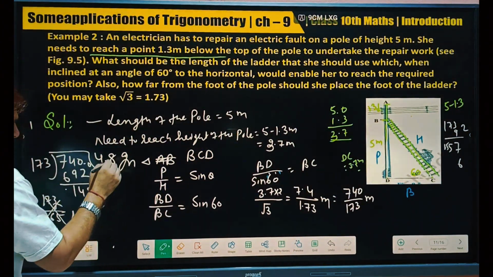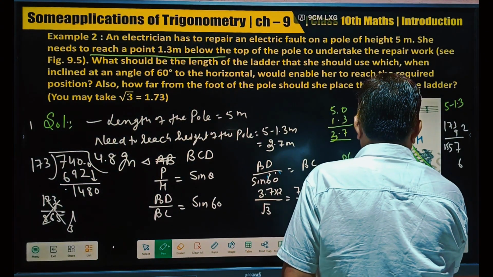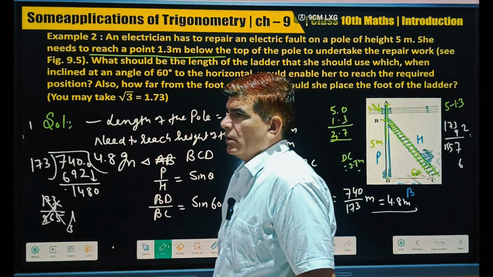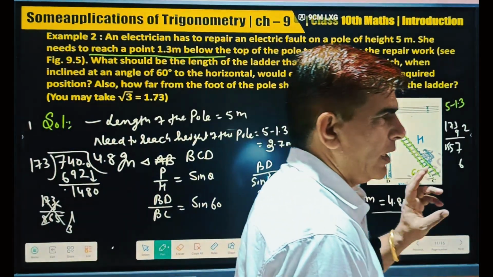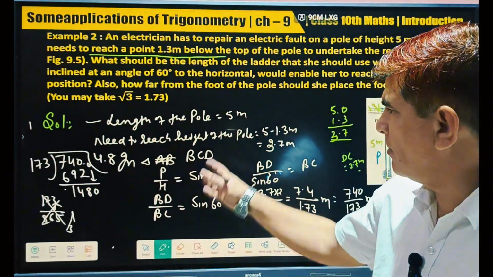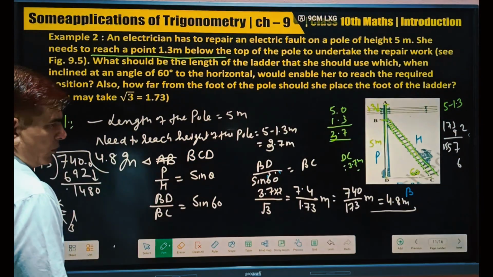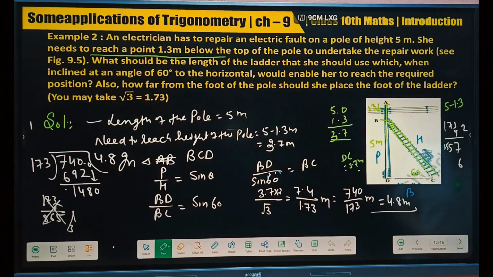So we can say approximately what's the length of that ladder? 4.8 meters. If it says find out up to 2 decimal, you can find out up to 2 decimal here. If it says 3 decimal, you can find out up to 3 decimal. So I think you understood it.